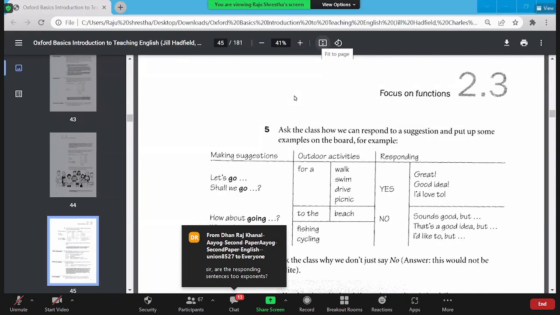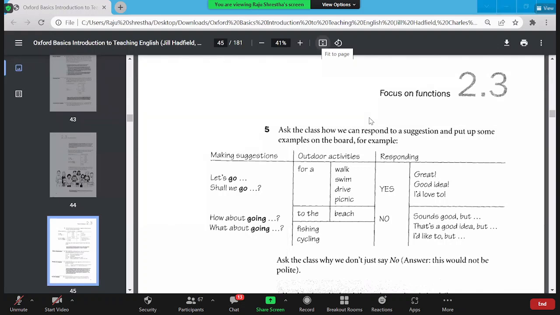Okay, we can use this kind of table. So are the responding sentences, these sentences, exponents, structures, expressions, I already said to you, these are used synonymously. So yes, great, this is also an exponent. In simple terms, how we understand it: yes, great, yes, good idea, yes, I'd love to, I would love to.